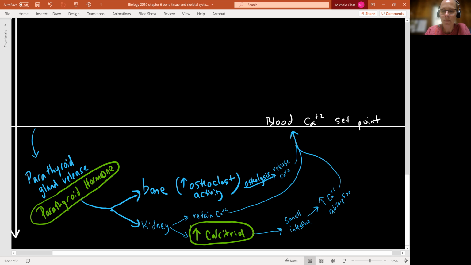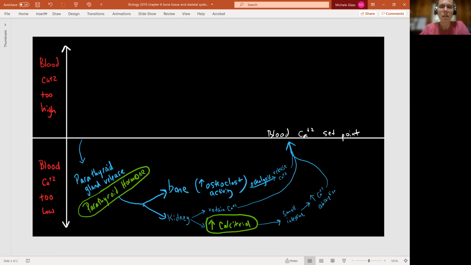bloodstream. So when we're looking at this sequence of events, when our blood calcium is too low, it's all initiated by the release of parathyroid hormone. And parathyroid hormone is going to trigger osteoclast activity in the bone to release more calcium.